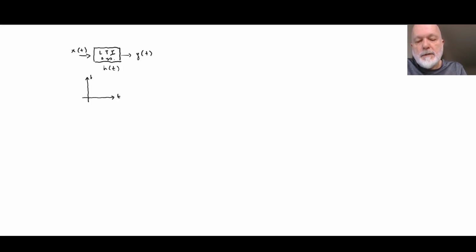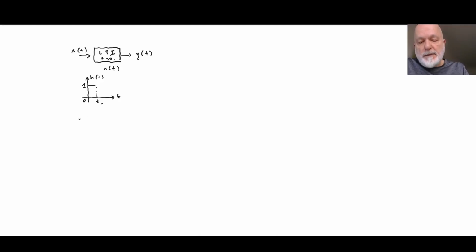So h of t is just equal to 1 from 0 to t0, and it is 0 outside this interval.